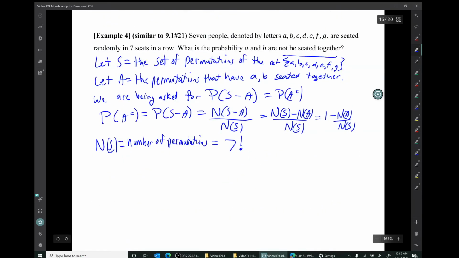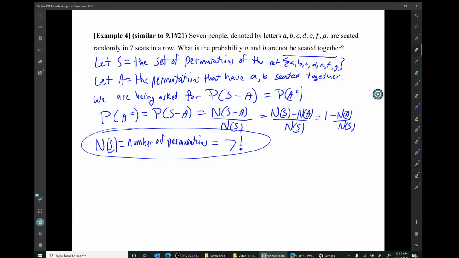Now, let's remember what we're going to do with this. A while ago, we found the number of elements in set S was this. Now, we are interested in the probability of this set.